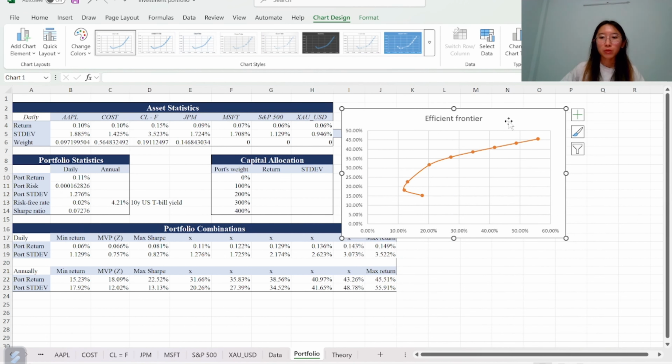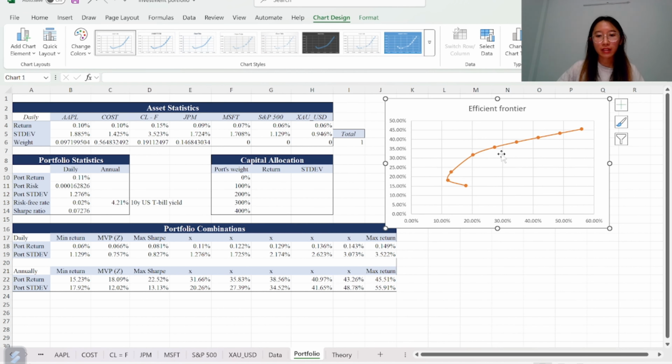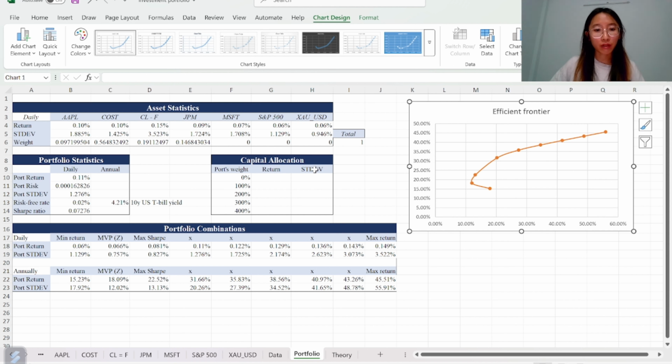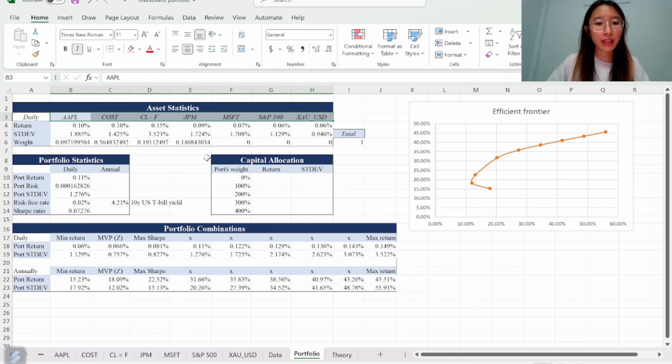Okay, and we will temporarily leave it at that, and we will make our CAL, capital allocation line. So for this, make an assumption that we will have a combination of a risky portfolio containing 7 assets, and one risk-free asset.